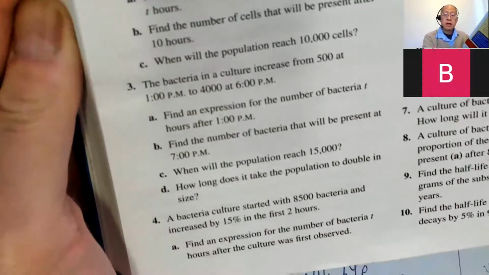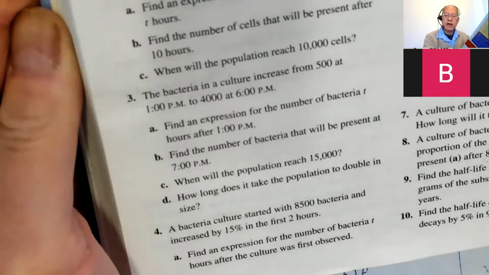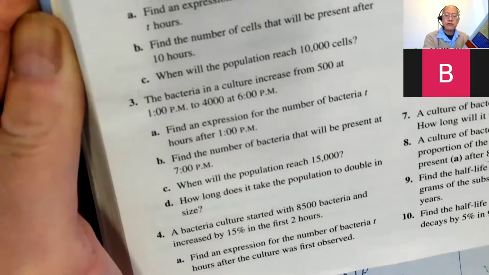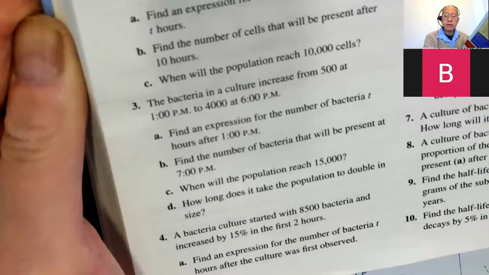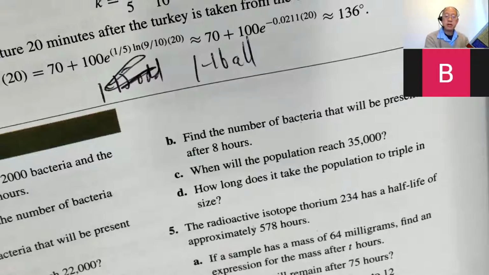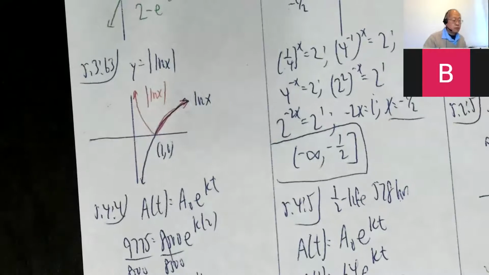A bacteria culture started with 8,500 bacteria, increased by 15% in the first 2 hours. Find an expression for the number of bacteria after t hours since the culture was first observed. And then after 8 hours, and then when it reaches 35,000, and then the time to triple. Okay.